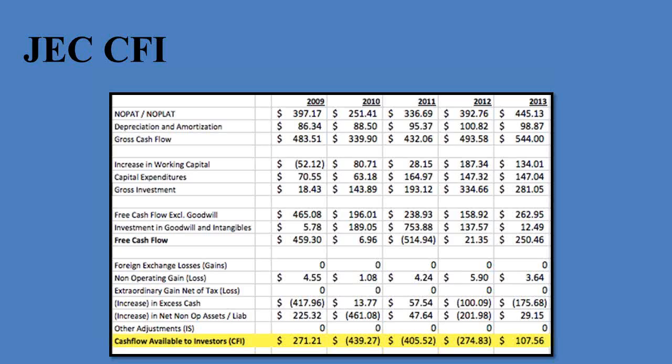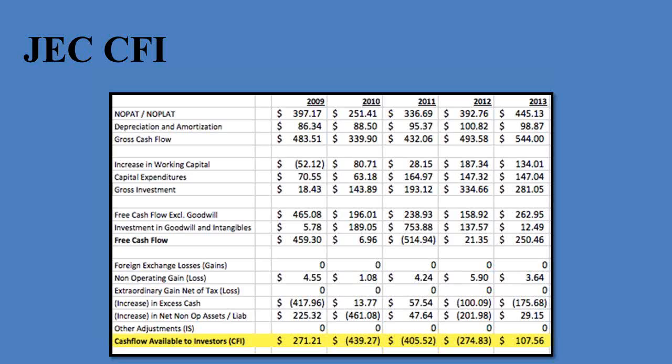And this is also met with an increase in gross investments in 2010, 2011, and 2013. They're increasing their capital expenditures and increasing their working capital as a preparation for growth in the future, which has been quite slow directly after the Great Recession, but they're expecting it to pick up.